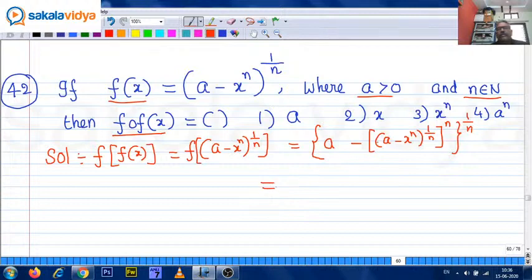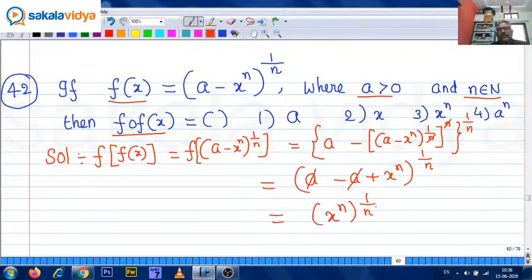So now we need to open the brackets. n gets cancelled. a minus a plus x to the power of n whole to the power of 1 by n. a gets cancelled. x to the power of n whole to the power of 1 by n. n gets cancelled. We have x. That means identity function we will get. Second option is the right option.